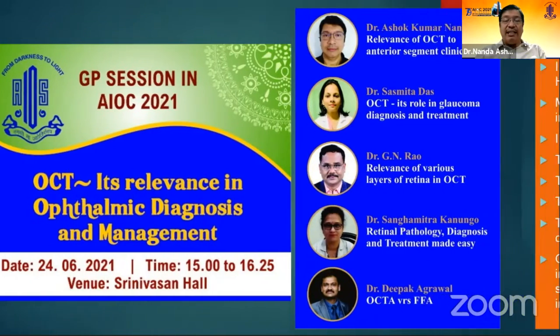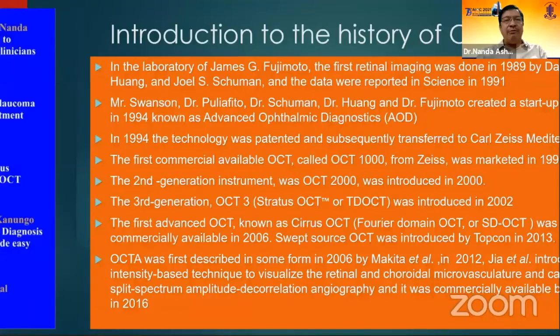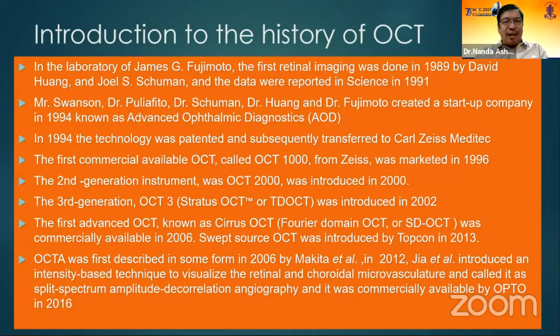Before we actually begin, I'll probably take a couple of minutes letting all of you know about a brief history of OCT. The first prototype was started in 1989 in the laboratory of Dr. James Fujimoto by Dr. Huang and Schumann, and the data was published in 1991.